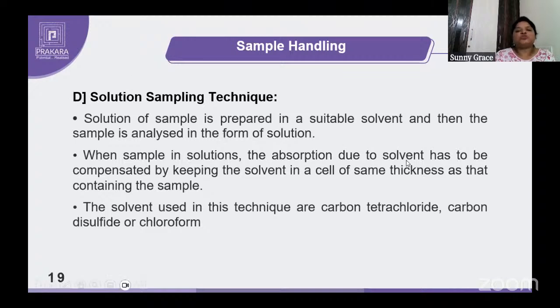The absorption due to the solvent has to be compensated, and whatever solvent we use should not show any absorbance when mixed with the sample. So we use different solvents like carbon tetrachloride, carbon disulfide, or chloroform. These are all transparent in the IR region, which is why we use them as solvents, not water. Water will not be used as a solvent.